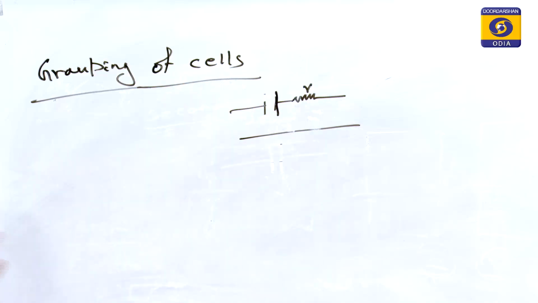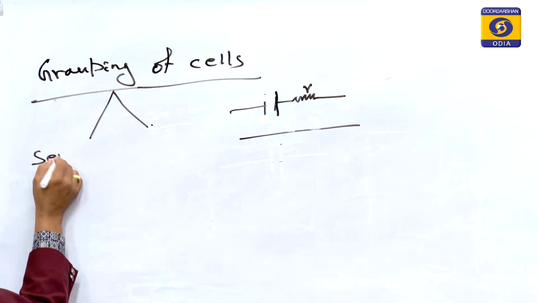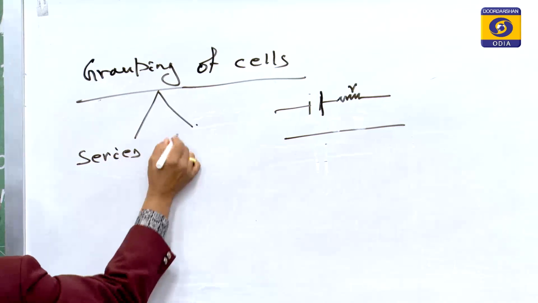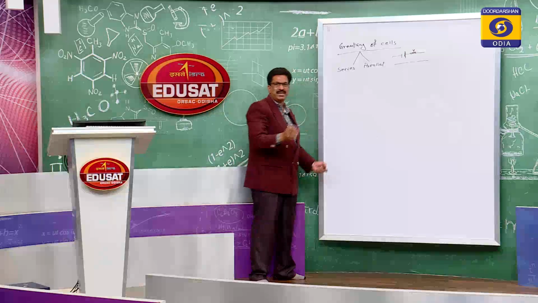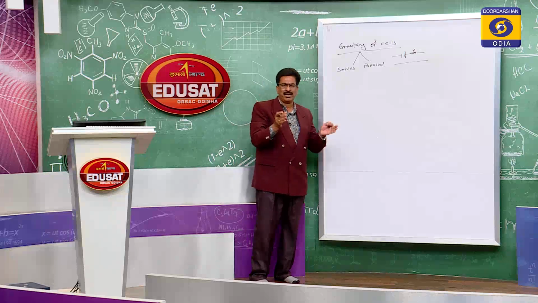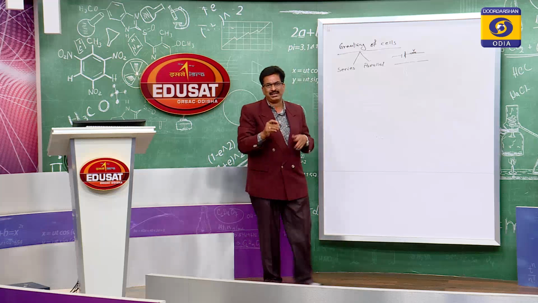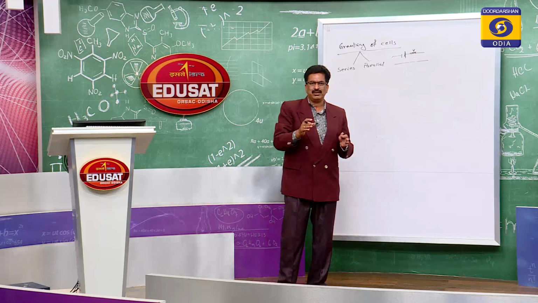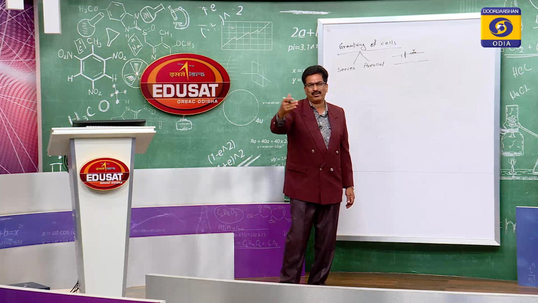Grouping means more than one cell. The grouping of cells is divided into two types: one is series, another one is parallel. In the series, in our common language, we say pankti. In your villages you will find a pankti bhojana, where people sit one by one.